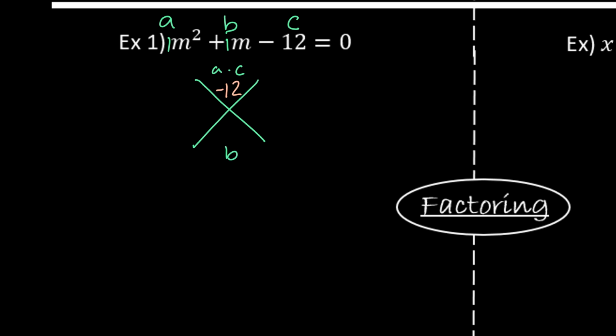B, which is, what is your b? 1. So, now what we're trying to do, remember, is find two numbers that multiply to get you -12 and add to get 1. Sometimes it's hard for you to think of this in your head, so don't be afraid to list out what are the factors of -12. And what is a factor again?